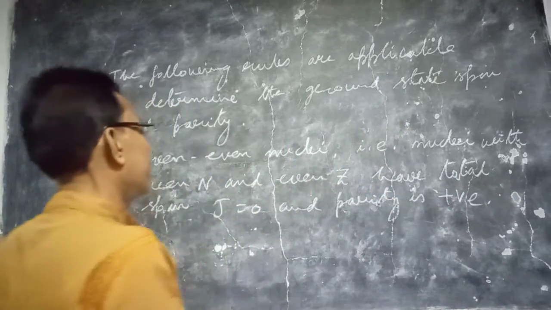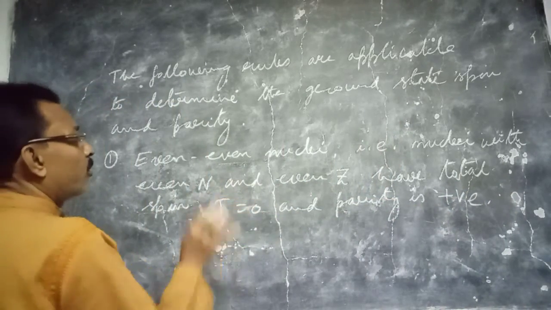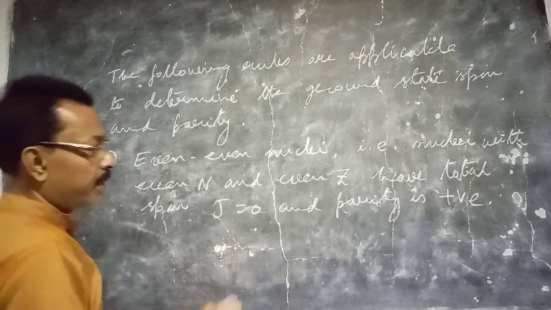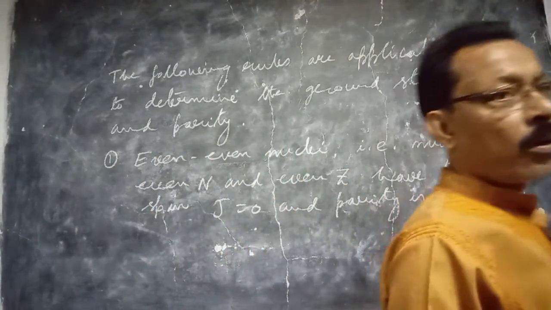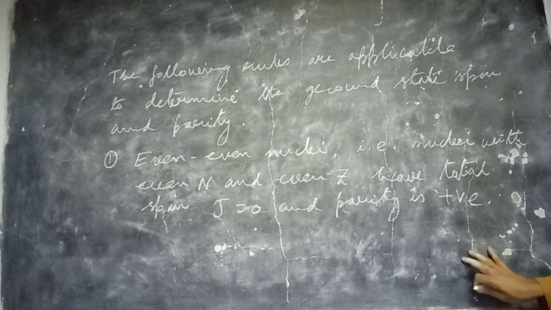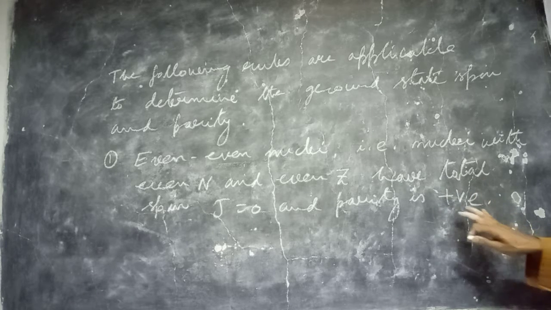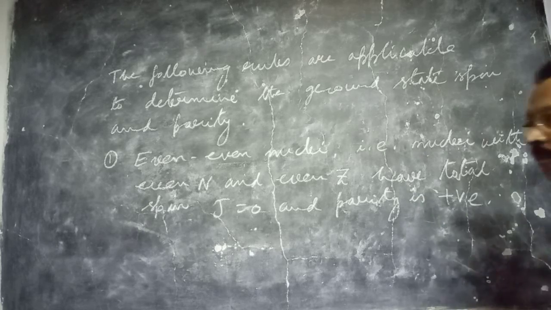So it is written sometimes J plus is equal to 0, and there is no exception to these rules. Whenever you see any even-even nucleus, oxygen 16, or say carbon 12, or calcium 40, it has the ground state spin 0 and the parity is positive.